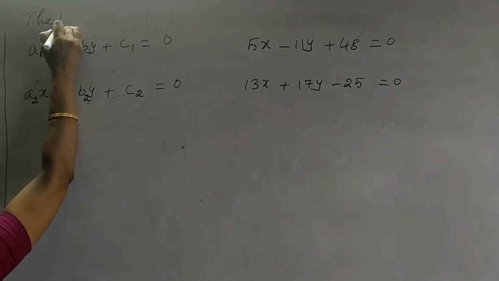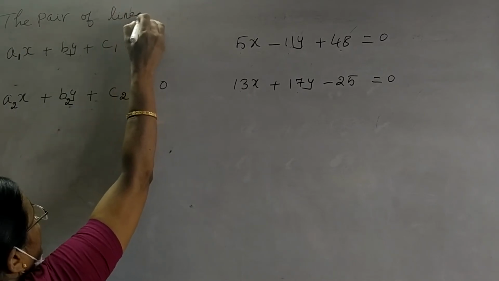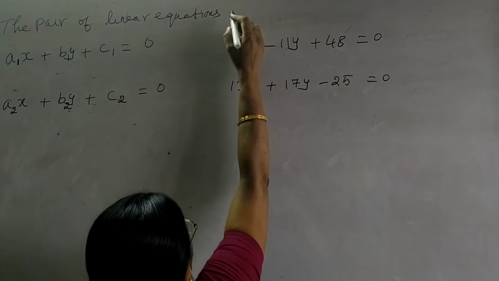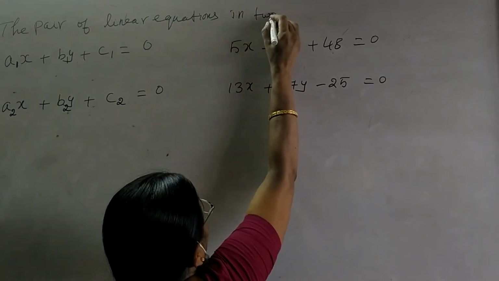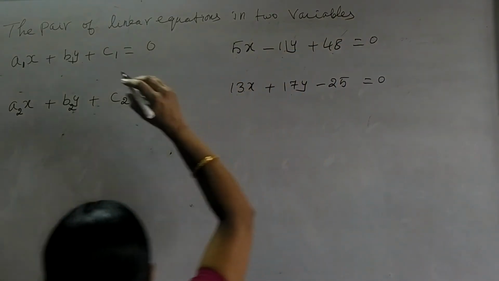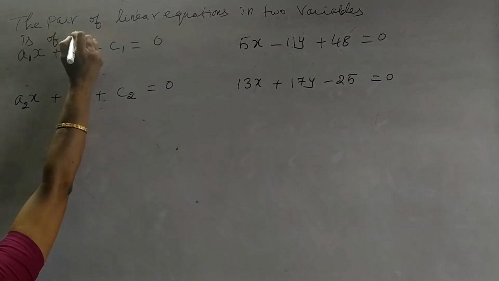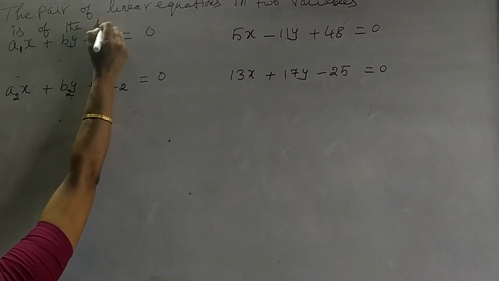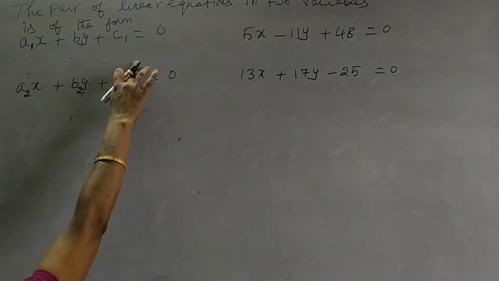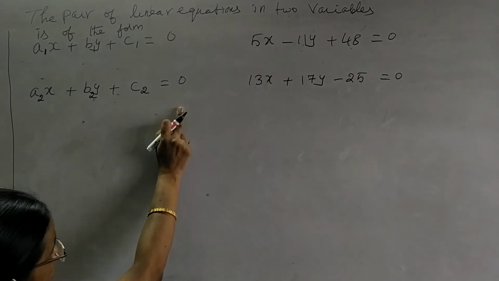So I write here, the pair of linear equations in two variables is of the form A1x plus B1y plus C1 equal to 0 and A2x plus B2y plus C2 equal to 0.